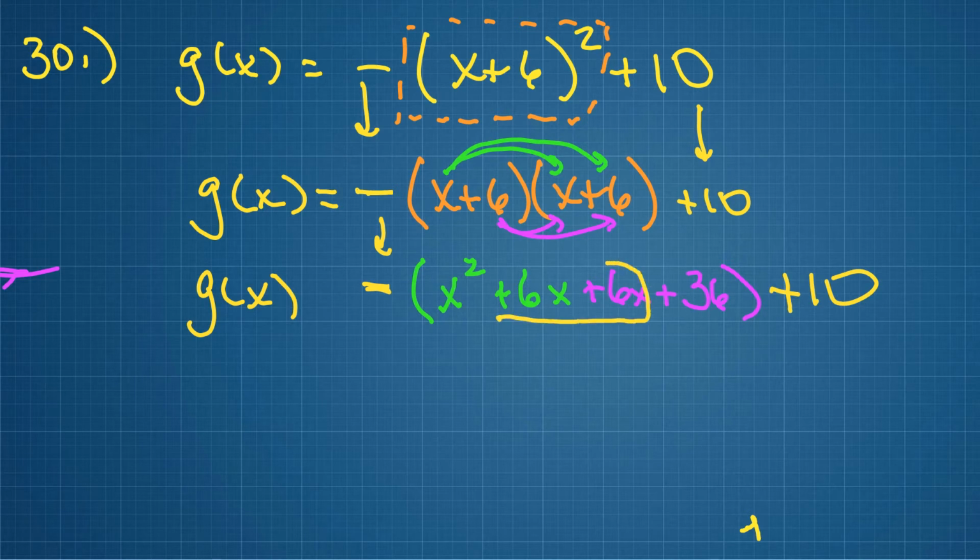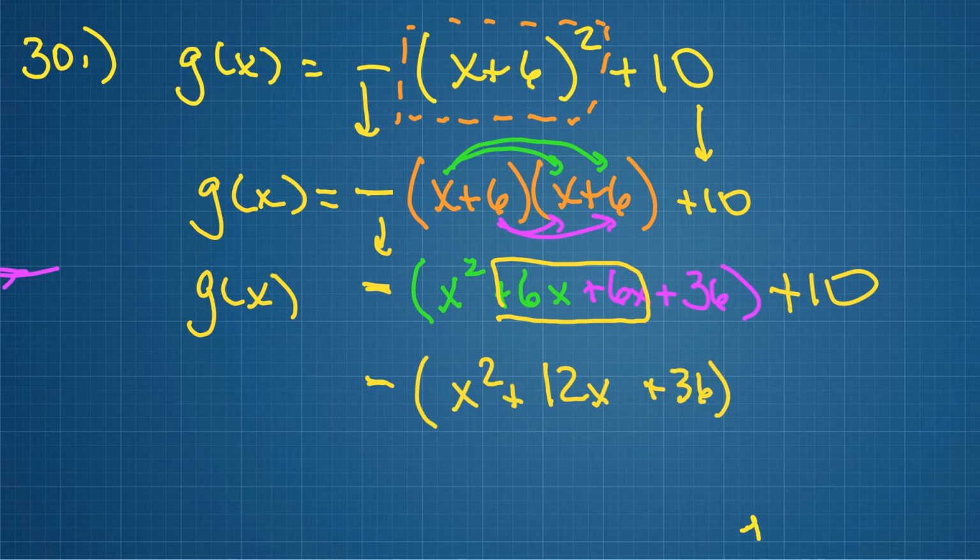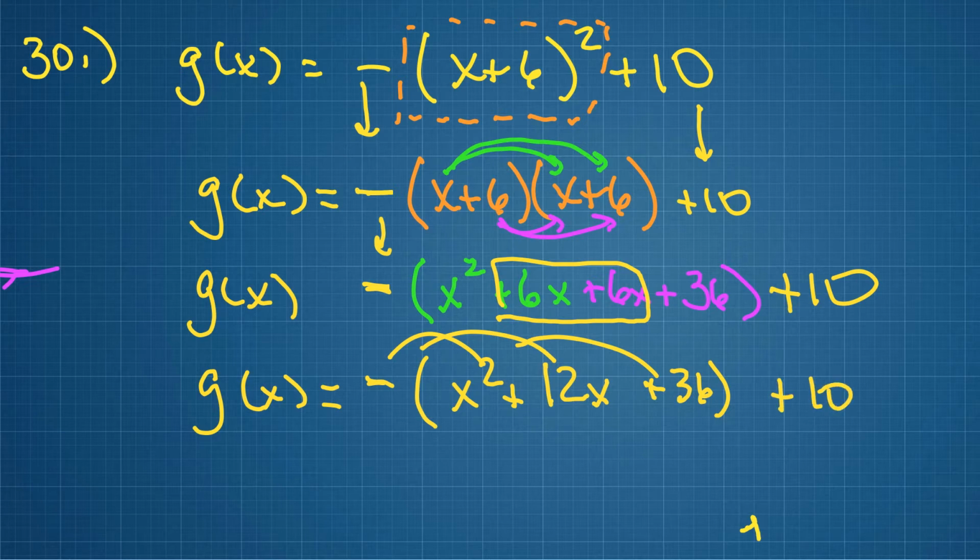I'm going to combine my like terms in the middle. That turns into 12x. I have negative (x squared plus 12x plus 36). The negative is going to distribute to everything. Remember, g of x didn't do anything. 10 also didn't do anything. Notice the negative sign does not go to the 10. So I end up with g of x equals negative x squared minus 12x minus 36.